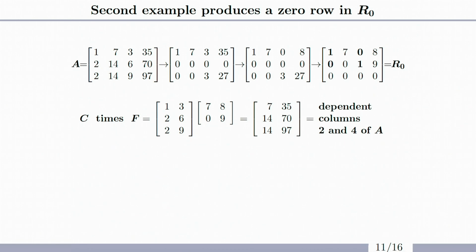They're the ones that end up with the identity, because the identity is a way to find the right independent columns. So they're columns 1 and 3 of the original matrix. So you see C there, 1, 2, 2, and 3, 6, 9. Then F is the part of R from the dependent columns, so that's the 7, 8, 0, 9, and I'm seeing the dependent columns.